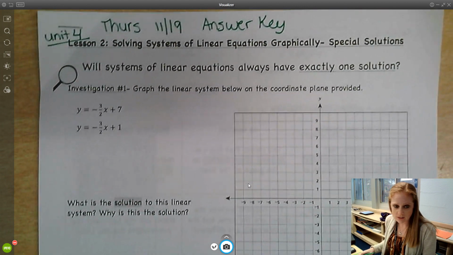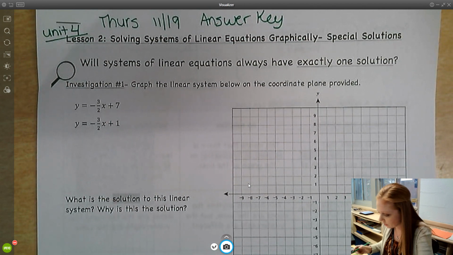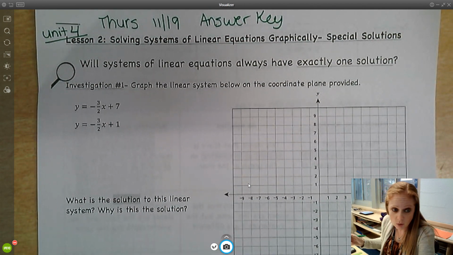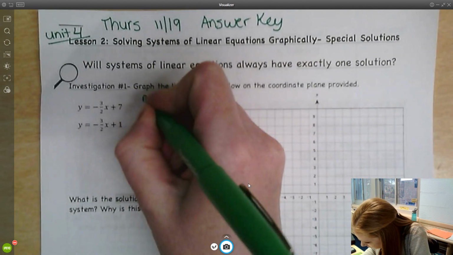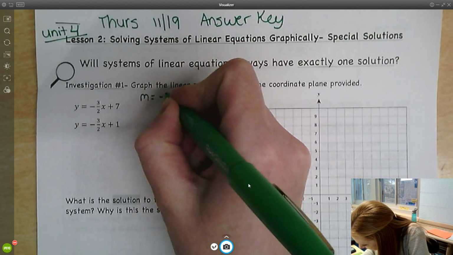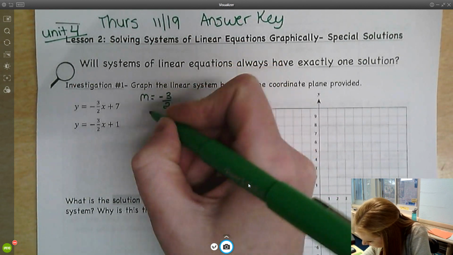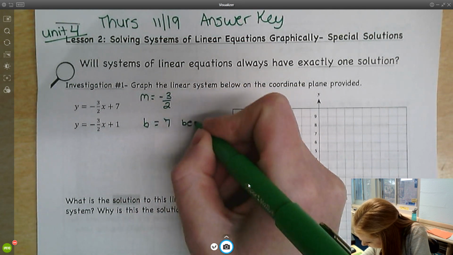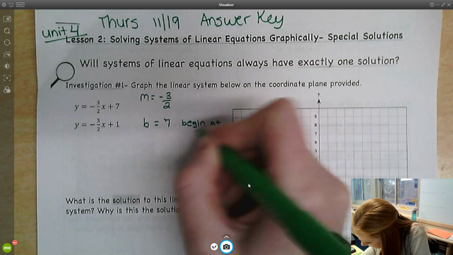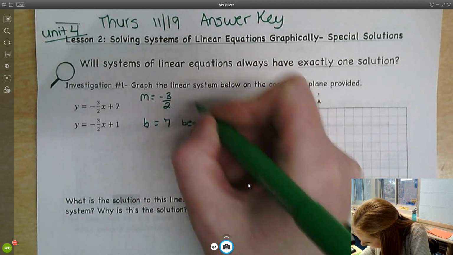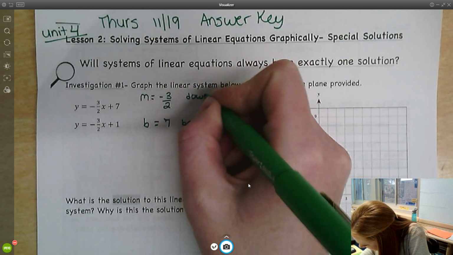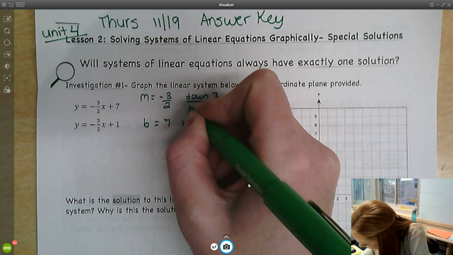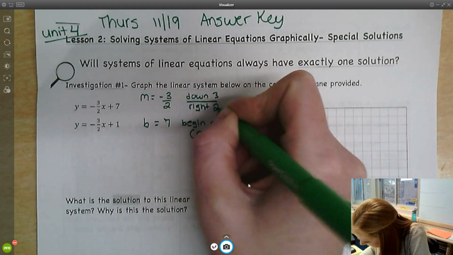So for our first investigation, we're graphing these two linear equations. In the first one, our slope is negative 3 over 2, and our y-intercept is 7. That means we're going to begin at (0, 7), and move down 3, right 2, based on our slope.